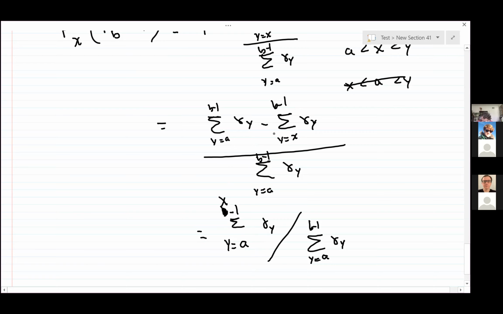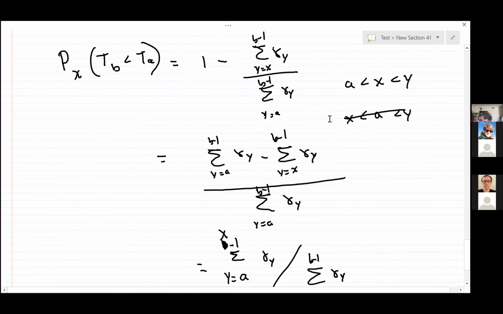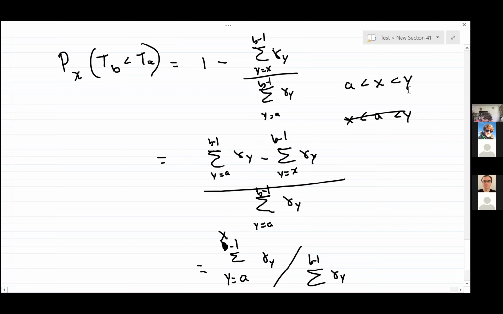But you have to look at the difference of these two series. And you have to remember that A is the smaller between X and, well, I think actually B in this case, but that part doesn't matter so much. Between A and X, this is the inequality.